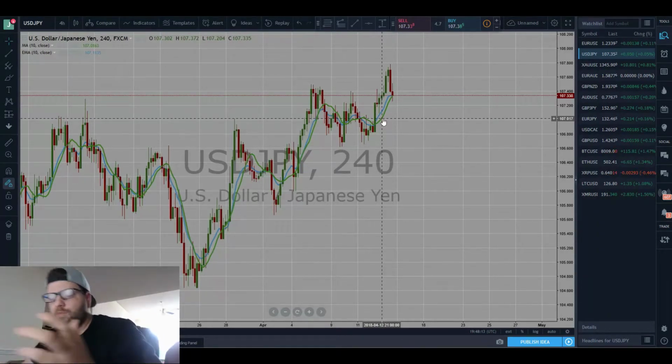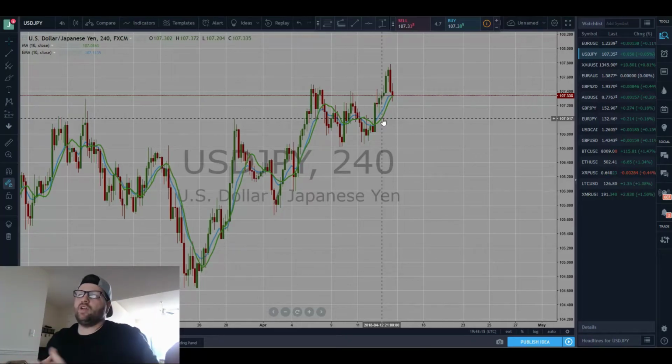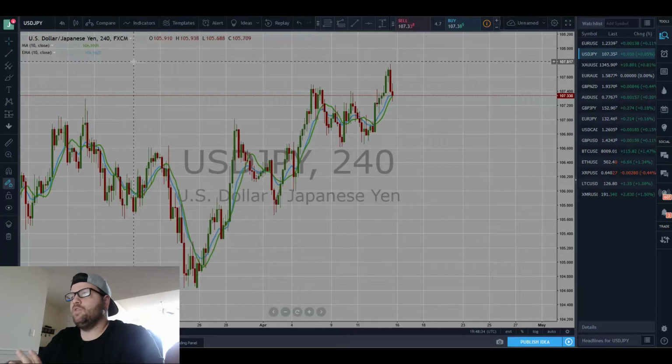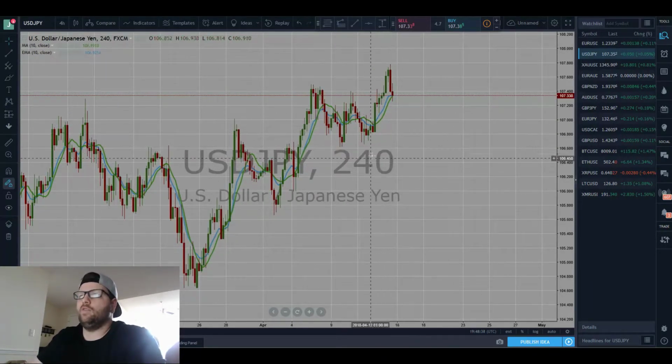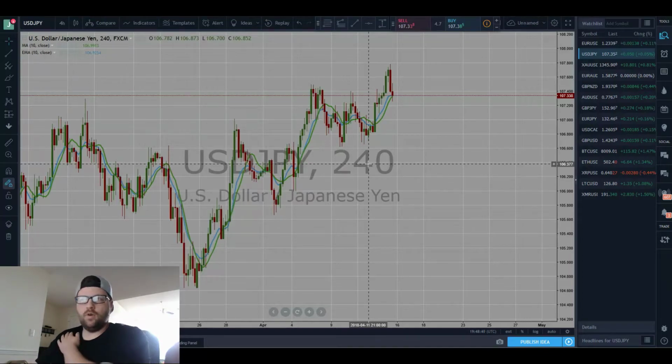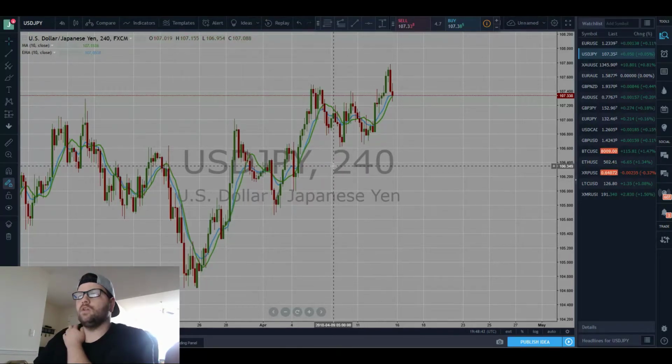So there's a couple different ways that you can apply moving averages to your trading. The easiest way, and what most people use moving averages for, is depicting the trend, which if you're going to be depicting the trend, then you're going to want to use higher numbers for your moving averages, something around at least the 50, if not higher than that, even the 100, the 200, the 500, the 800, something along those lines.